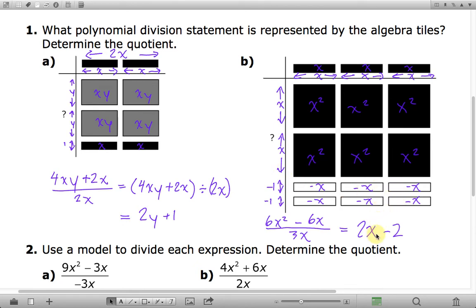So the way that you could get the quotient without having to do a diagram is 6x squared divided by 3x gives you 2x, because 6 divided by 3 is 2, x squared divided by x is x, and then negative 6x divided by 3x is negative 2, because negative 6 divided by 3 is negative 2, and x divided by x is 1. So that factor divides out and you wouldn't see that factor anymore, because of course negative 2 times 1 is just negative 2.